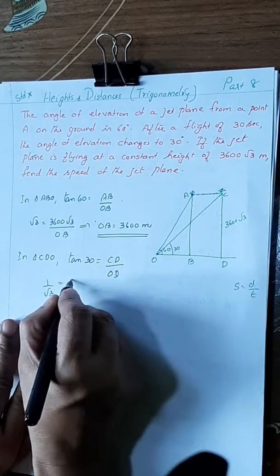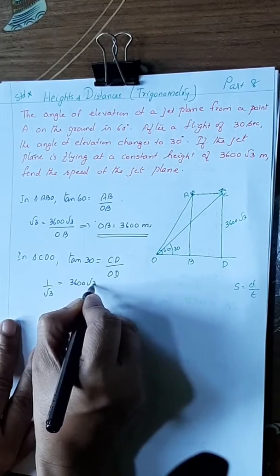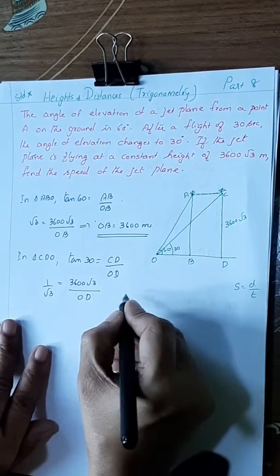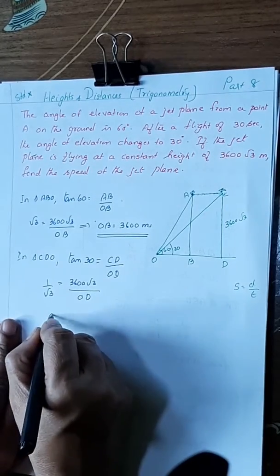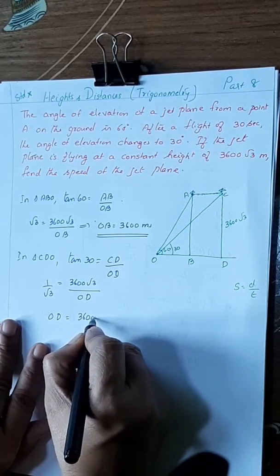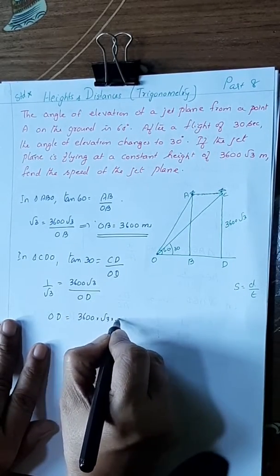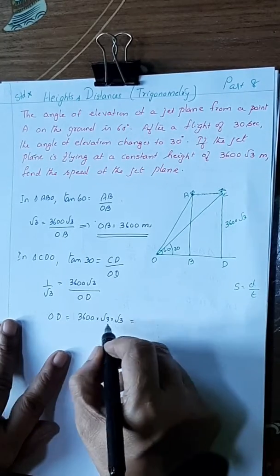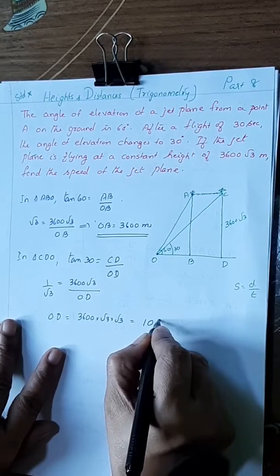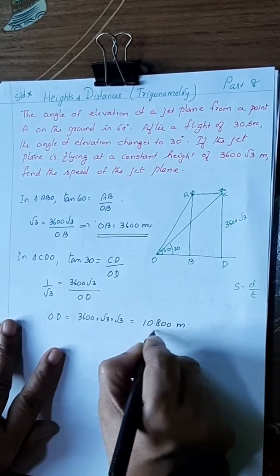CD again is 3600 root 3 meters divided by OD, which we do not know. So from this we get OD is equal to 3600 into root 3 into root 3. So this becomes 3. So 3600 into 3 will become 10,800 meters.